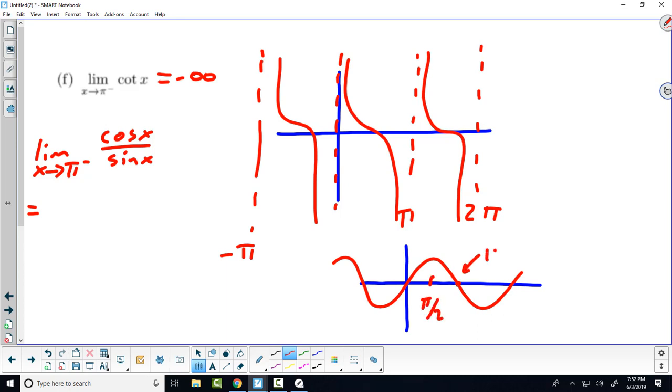This is right here at pi. What is the sine as we approach pi from the left? The y values as we approach pi from the left are positive. So what have we got? We've got -1 over a very, very small but positive number, so it's negative infinity.